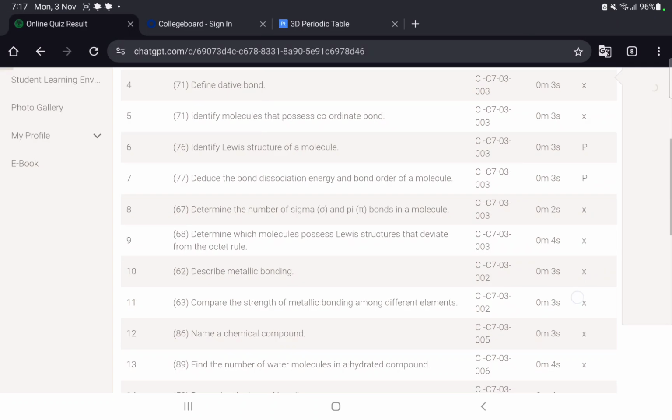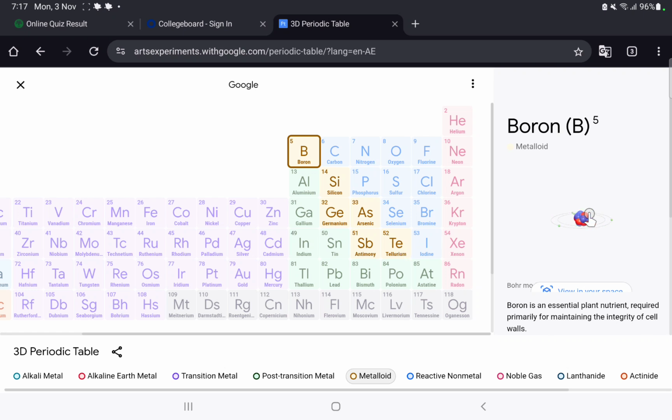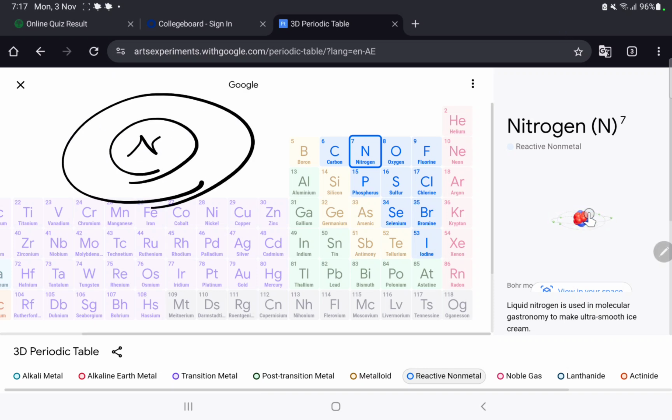Okay, look here. At least one lone pair of electrons. N has a lone pair of electrons. Look, and here it has a lone pair of electrons. It's N7. So if you drew it here, it had 1, 2, then 1, 2, 1, 2, 3, 4, 5, 6, 7.